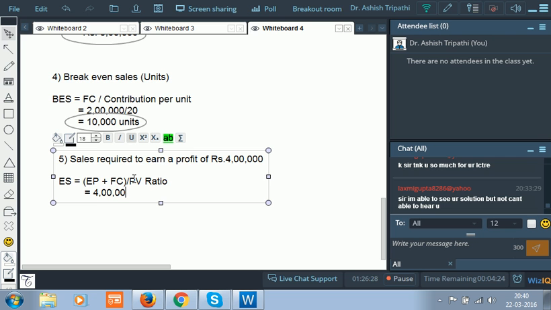That is equal to 4 lakhs plus fixed cost is 2 lakhs upon PV ratio. PV ratio is 40%.